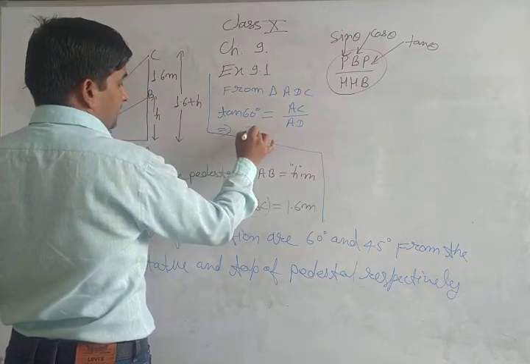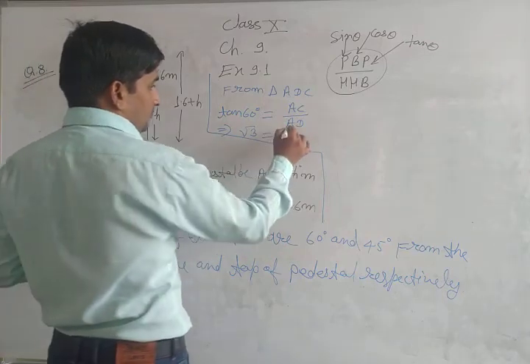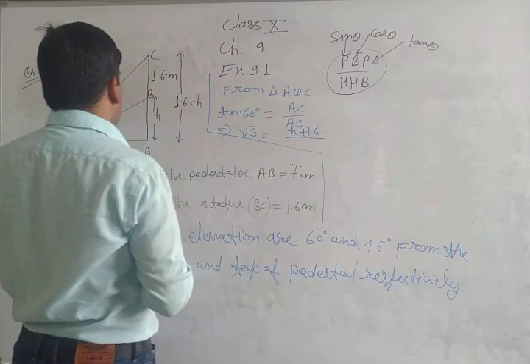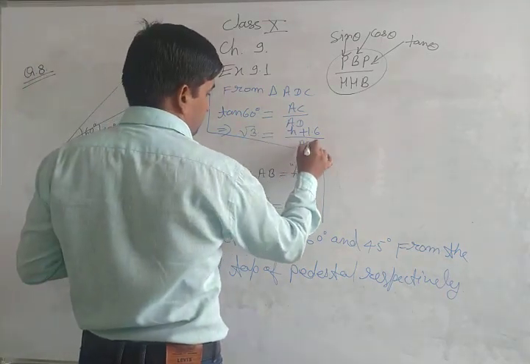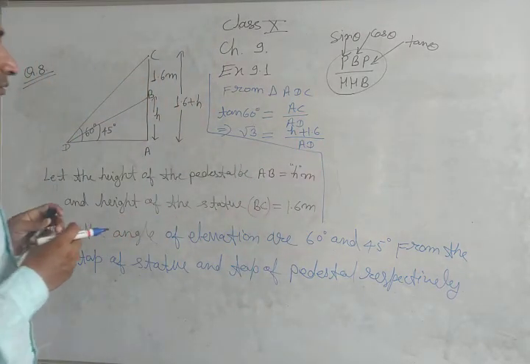The value of tan 60 is root 3, equals AC, which is h plus 1.6, upon AD. Clear? Okay.